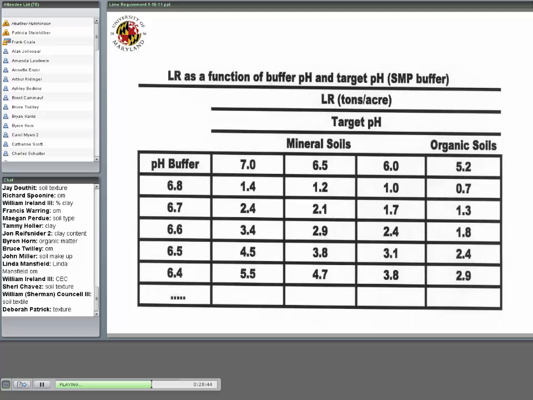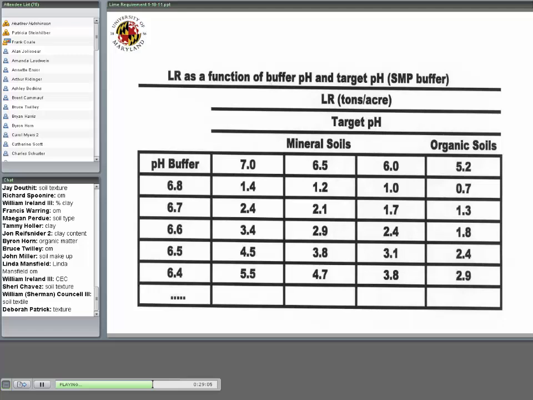So, for example, if you wanted to lime your soil to 6.5, and you did the lime requirement procedure on it and you got a buffer of 6.5, you go down to where your target pH intersects with your pH buffer, and that happens right at 3.8.